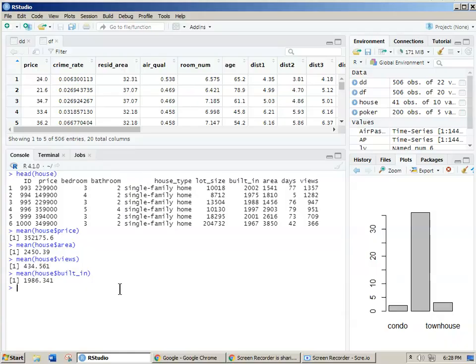So the median age here of the house is 1986.341, which who knows what month that is. Who cares? Okay, so that's the median. And then we have some other classic statistical measures, like the variance.